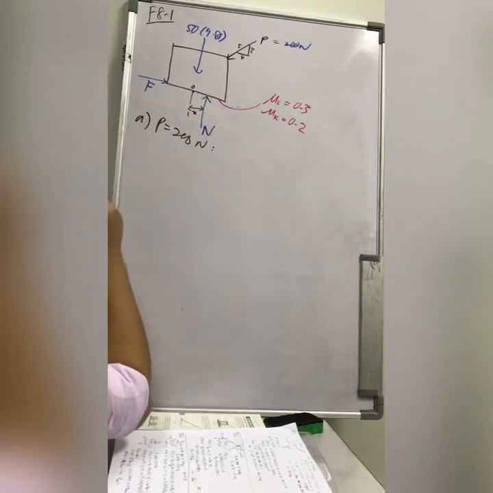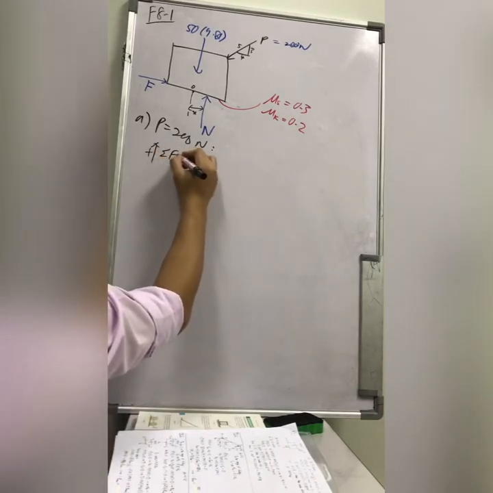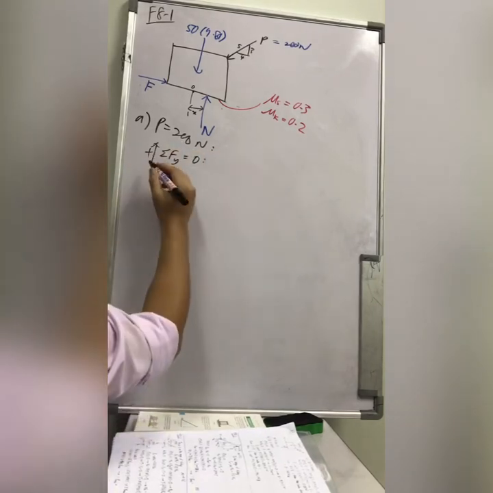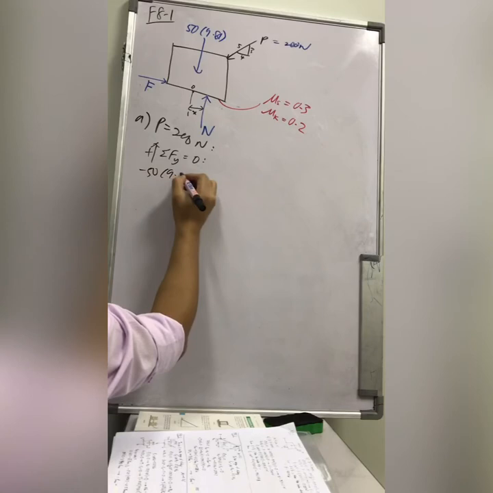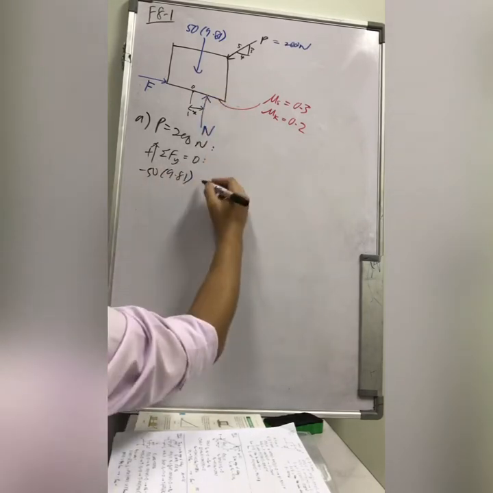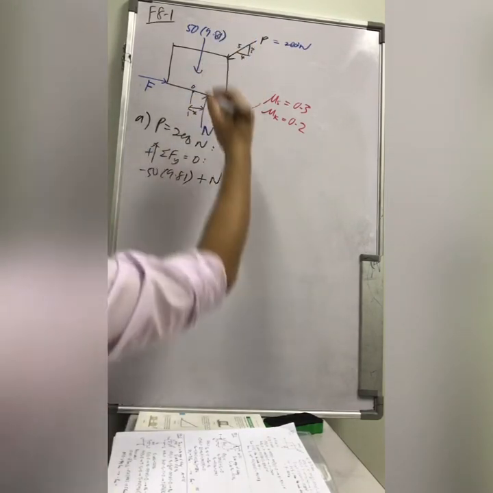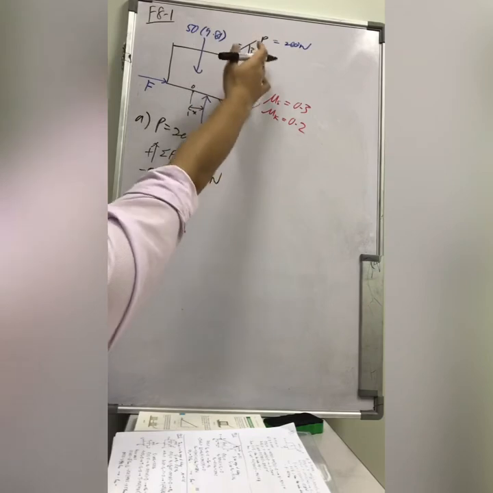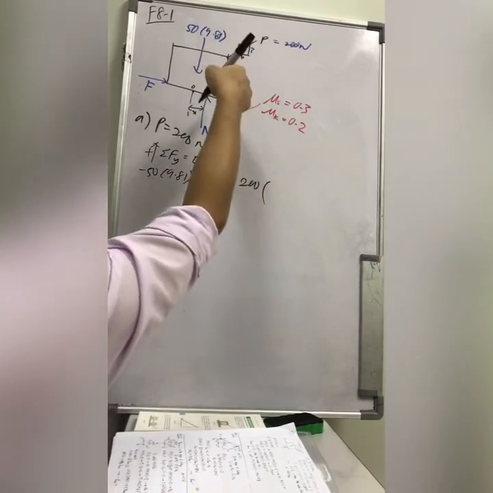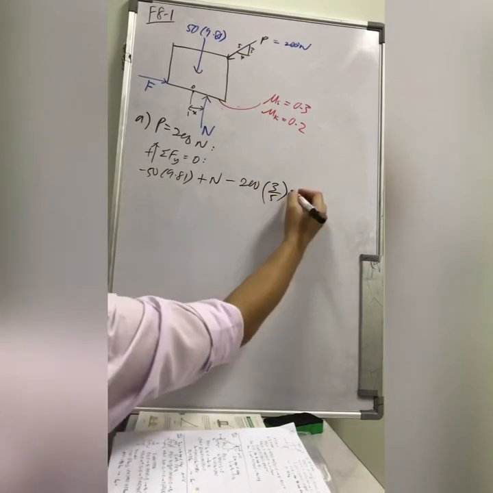What we do is the summation of forces in y direction equals 0. We have minus 50 times 9.81, which is the weight, plus N, the normal force, and minus the vertical component of P, which is minus 200 times 3/5, equals 0.